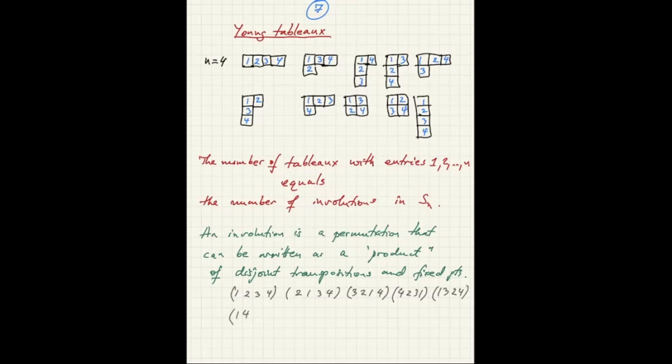So 1, 4, 3, 2, 1, 2, 4, 3, 3, 4, 1, 2. Oh, no, this one I messed up. This one is 2, 1, 4, 3, and 3, 4, 1, 2, and then 4, 3, 2, 1. What I wrote here is taken from Don Knuth, The Art of Computer Programming, Volume 3.